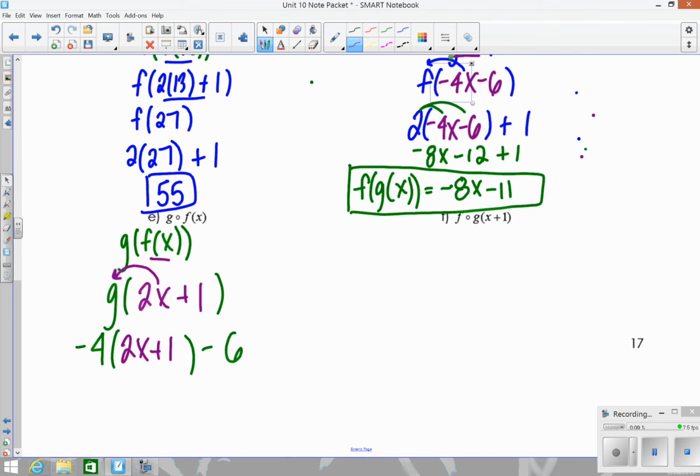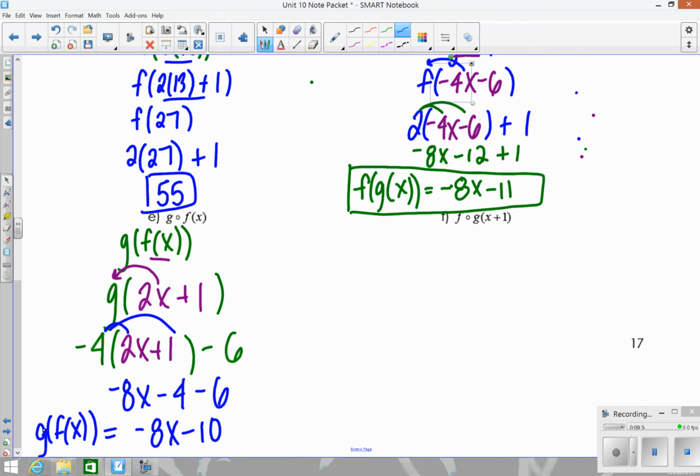So now you can, at this stage, just go through and distribute and simplify. So we get -8x minus 4 minus 6, -8x minus 10 is the answer for g of f of x. So there we go. And you notice you didn't get the same result because these are not commutative.